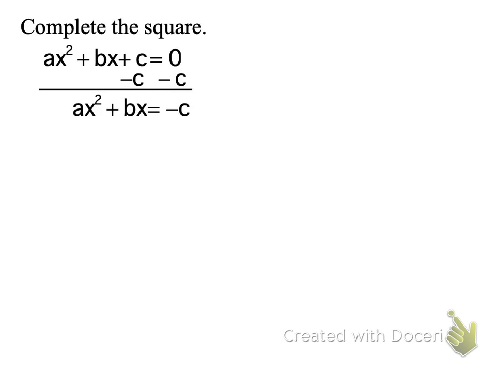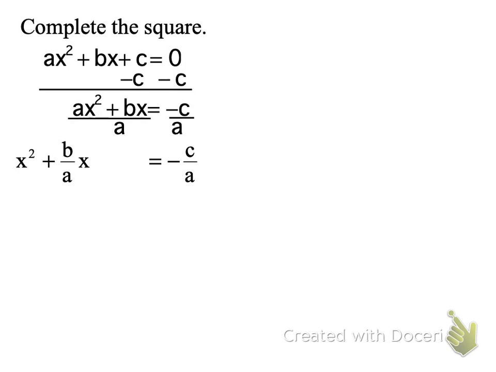Step number 2. Divide all terms by a, and we're left with x squared plus b over a x equals negative c over a.